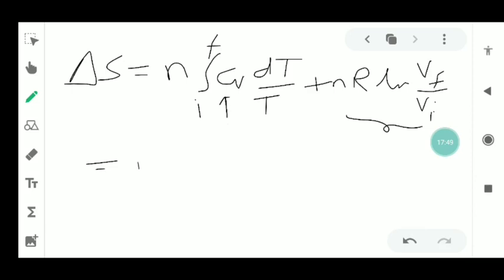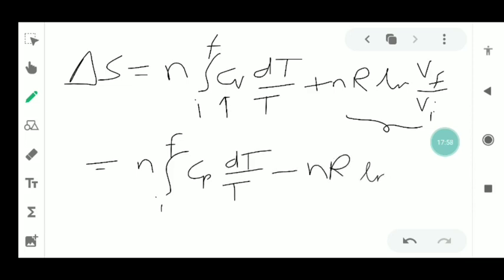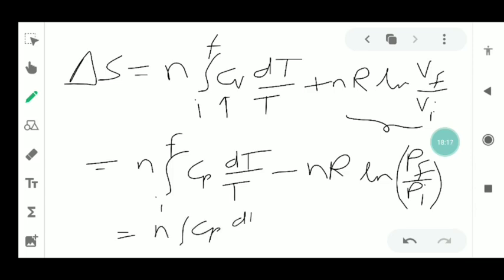Or similarly we can write n integration of Cp dt over T minus nR ln Pf upon Pi. Or if we want to change this minus sign, we can reciprocate the log, so we can also write nR ln Pi upon Pf. So this gives the change in entropy for the ideal gas.